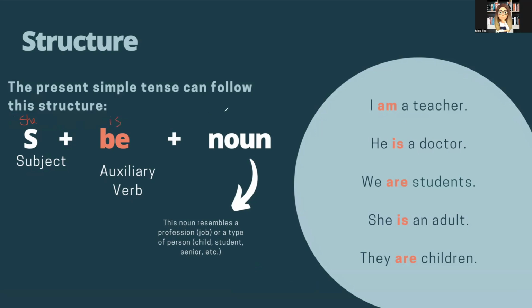Then we have a noun. So we can say a noun that resembles a profession, like a job, or a type of person. So you can say child, student, senior, something like that. You can say immigrant, newcomer, anything like that. So we can say she is.